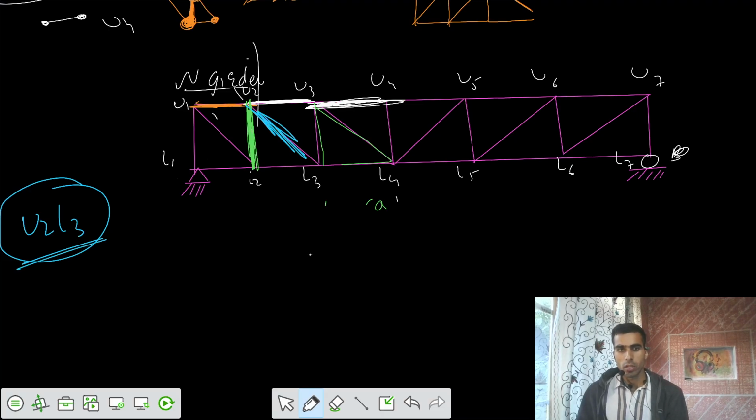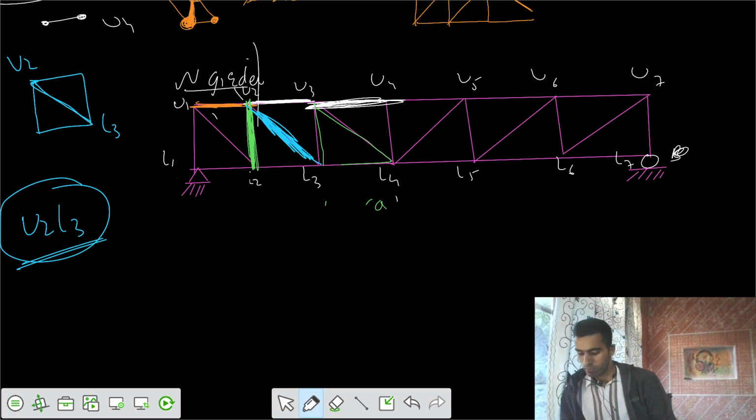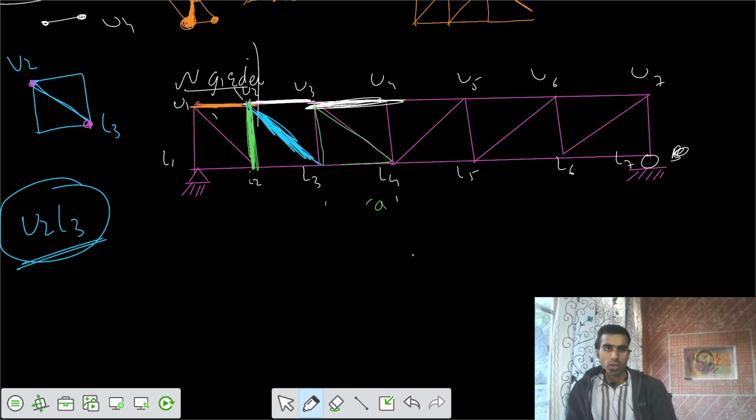This one is U2, L3. Now you take U2, L3 out, and I have these two triangles associated with that U2, L3. What are the opposite sides of that? If this was U2, L3, what are the opposite joints we have?